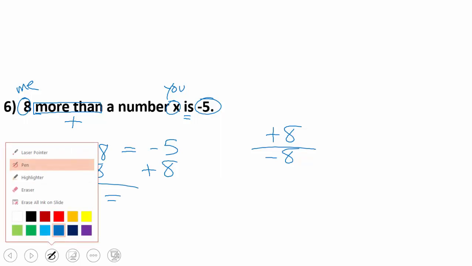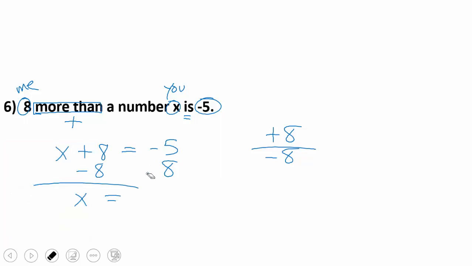Hello, almost got that one wrong. It's a good thing I had you guys there yelling at the screen so I could get it correct. I am subtracting 8. So now I have a negative 5 minus 8, which becomes a negative 5 plus a negative 8. We're adding two numbers with the same signs. Add them together, 13. They're both negative, so the answer again is negative 13.